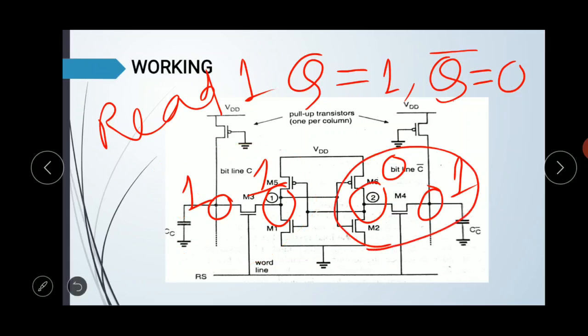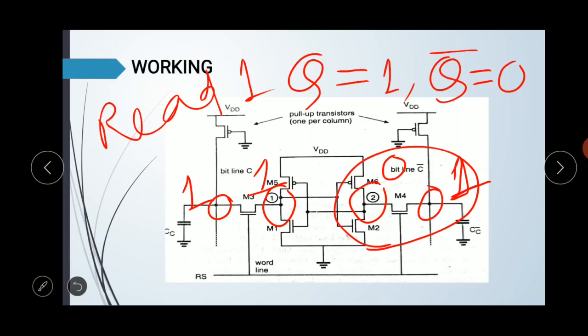Then here we have to see, this node is at 1 and this Q bar point is at 0 level. So here a voltage difference is present.